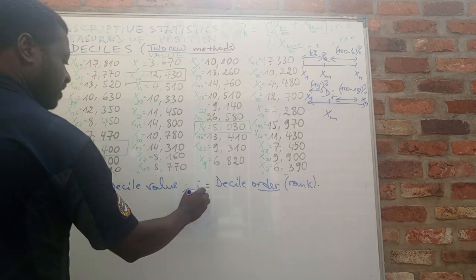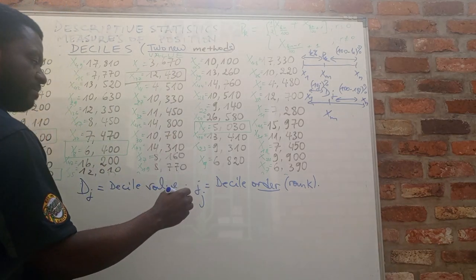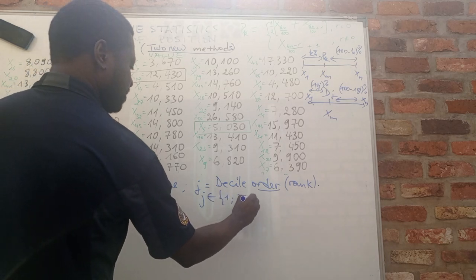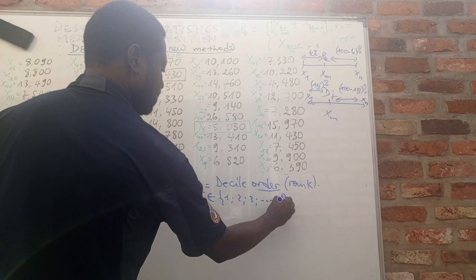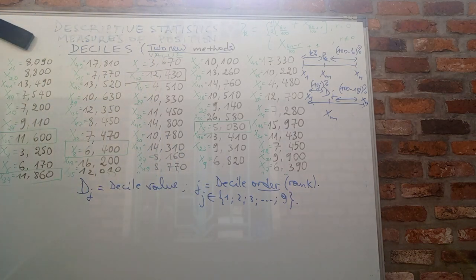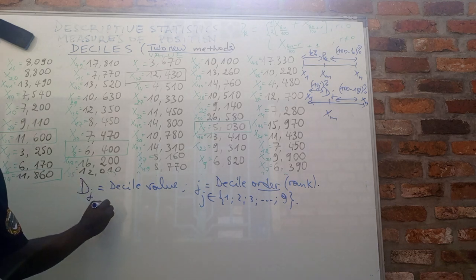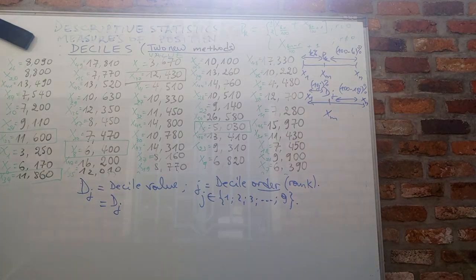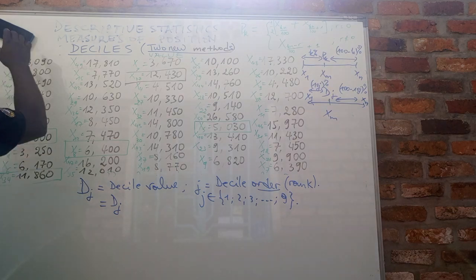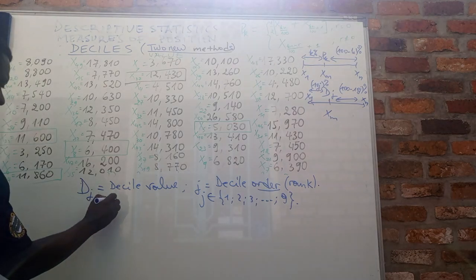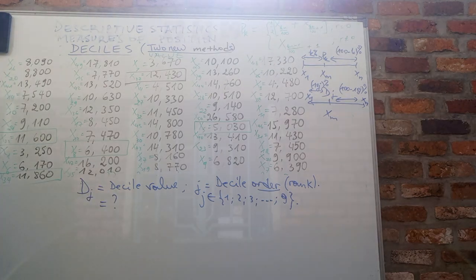Now this j, as we talked about last time, extends from 1, 2 until 9. So how are we going to calculate the decile value of order j? This is what we are looking for. We talked about two methods.